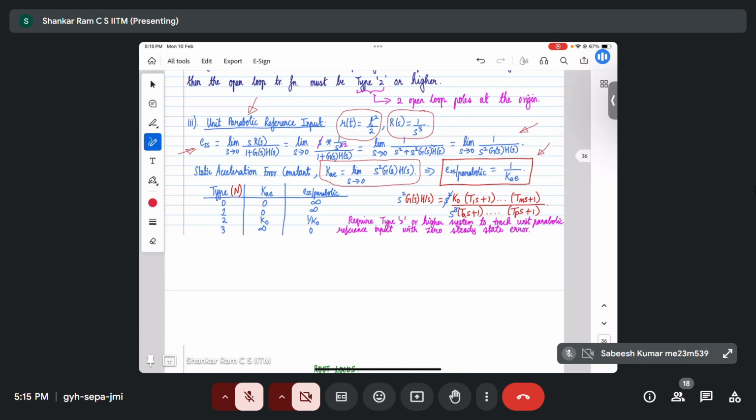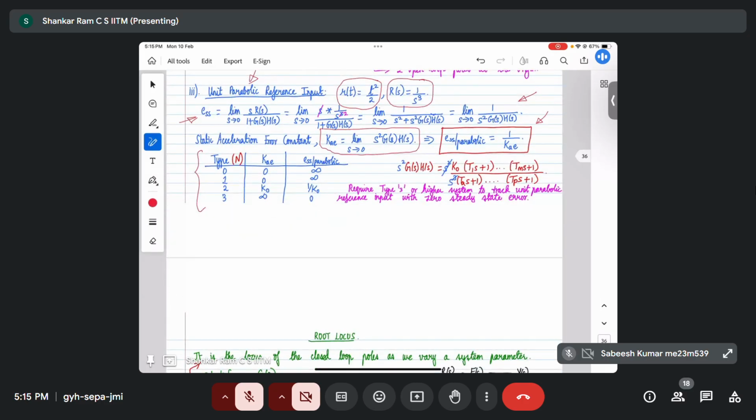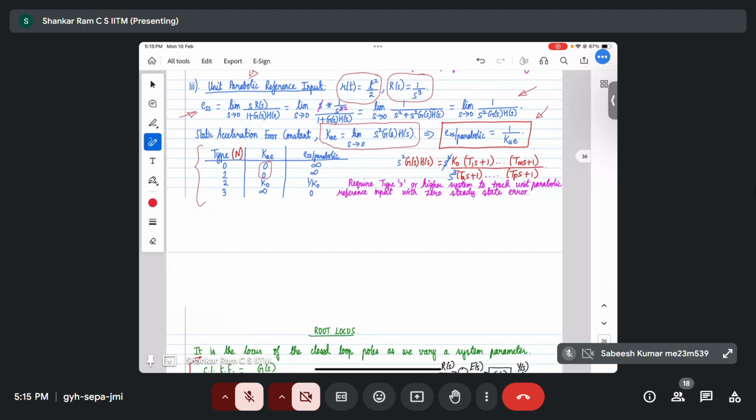Now, if we tabulate the value of capital N, K_a, and the steady state error to a parabolic input, when we go for type 0 and 1, we will have 0 for K_a, because there is an s squared term in the definition of K_a. We will still be left with either an s squared term in a type 0 system or an s term in the type 1 system. So the value of K_a is 0. Consequently, the error will blow off to a very high value if we want to track a parabolic input.